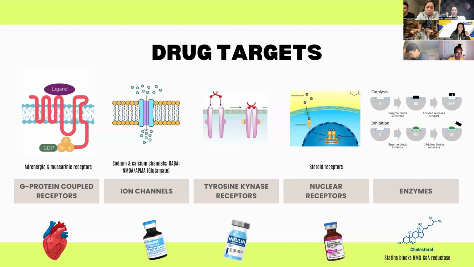What the drug has to do in order to turn it on is pass through the cell membrane to get to the receptor here, turn it on, and then that receptor goes into the nucleus and activates a piece of DNA or inhibits a section of DNA, which either turns on or turns off protein translation as the end result. So new proteins are being made or prevented from being made.